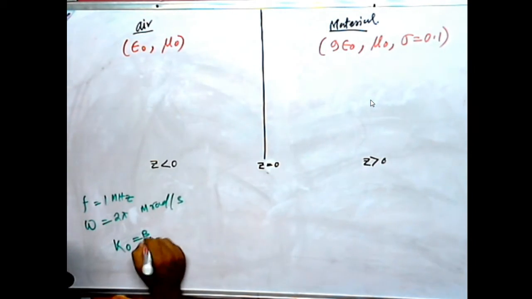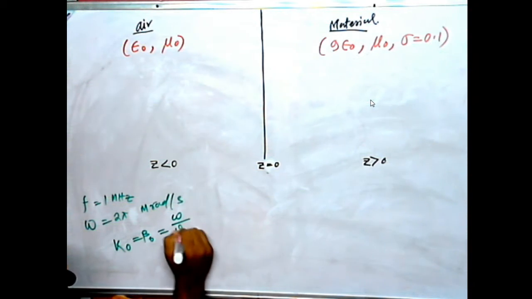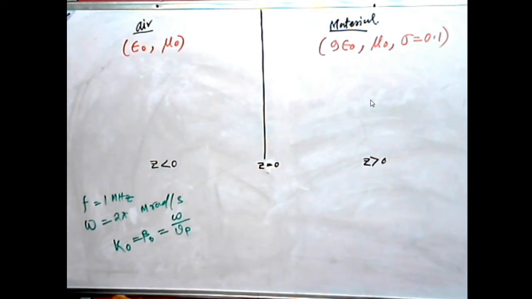Beta naught you can write as omega by Vp, where omega is the angular frequency in radians per second and Vp is the phase velocity.